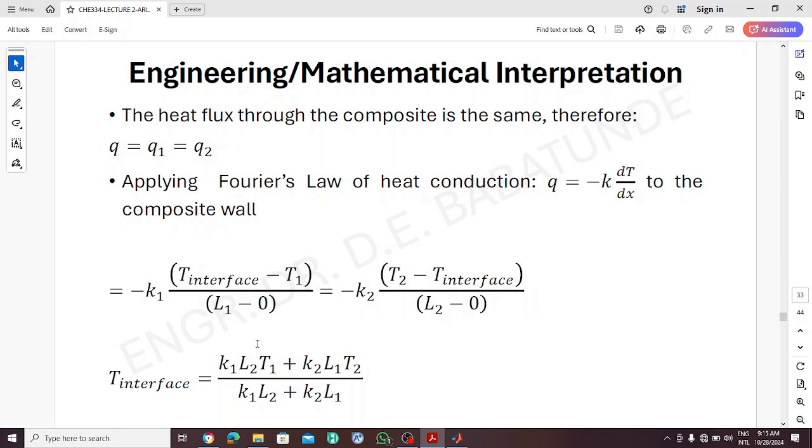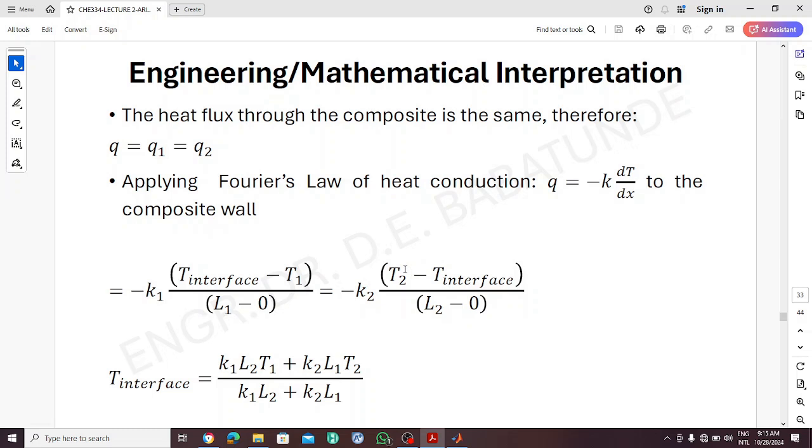This is just looking like arithmetic, which is the application of what we started doing last time. But it's not only the interface temperature that you are asked to calculate. You are also asked to calculate the heat flux. Once you know the interface temperature, which is the unknown in this set of equations, you can use either set of equations, the one set up for material 1 or the one set up for material 2, to get your heat flux.